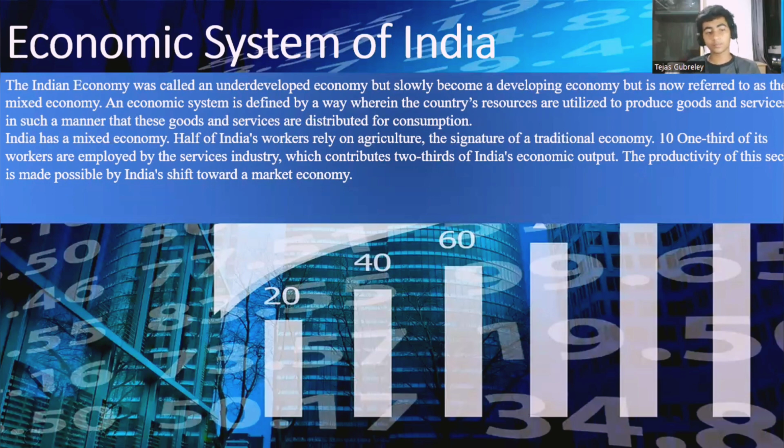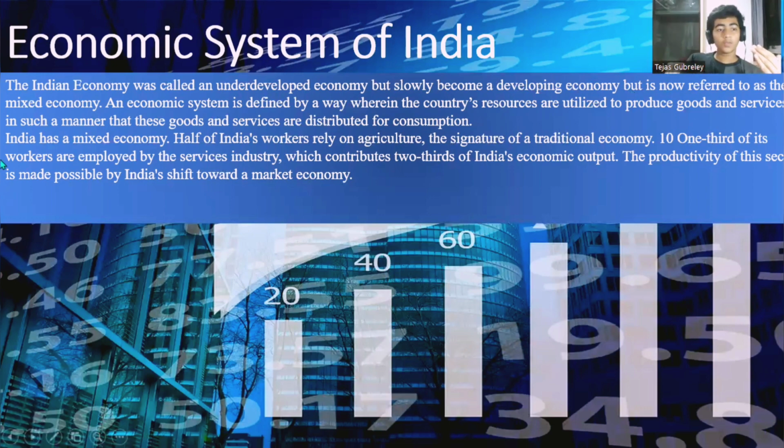So, as you can see, India has a mixed economy, and half of the workers in India rely on agriculture. They do farming, and this is the signature of a traditional economy.